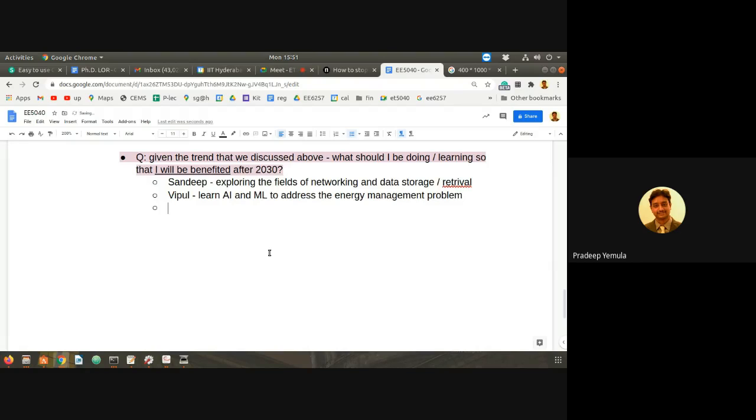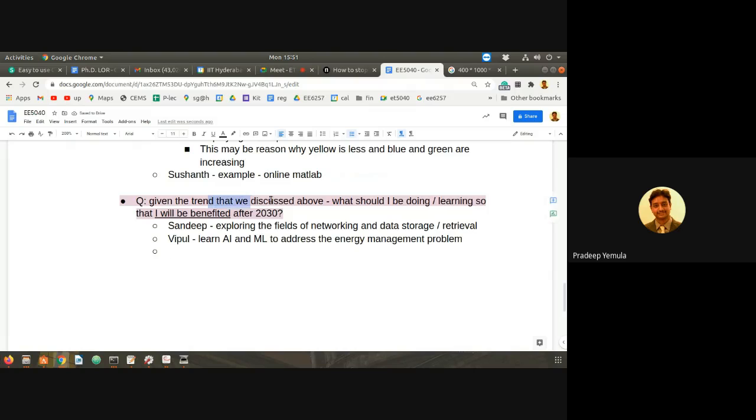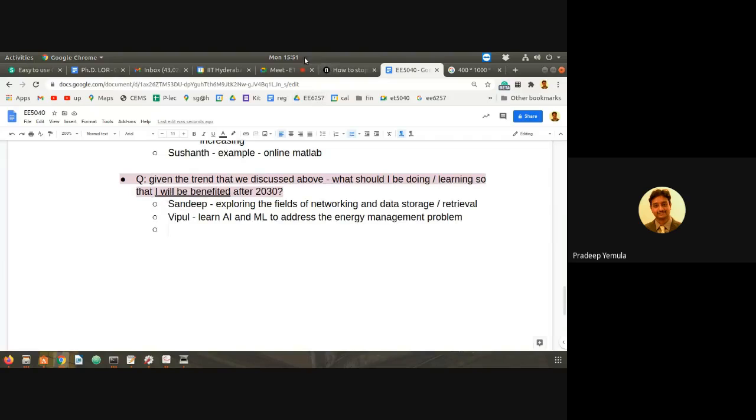So does everybody agree with these points? There is some benefit in doing your own exploration, your own learning. Yeah. Any other? Given the trend discussed, what should I be doing or learning so that I will be benefited after 2030? That's the question.